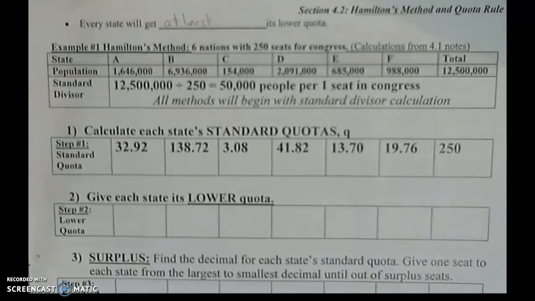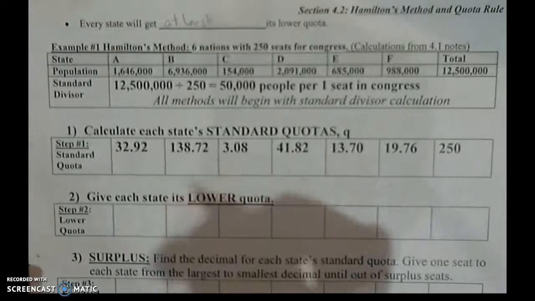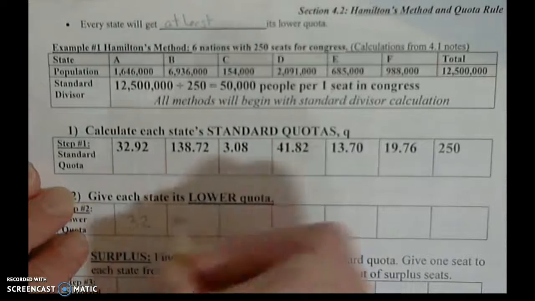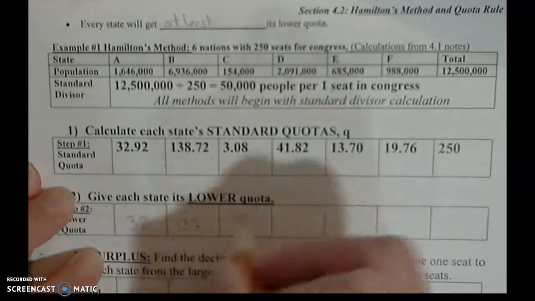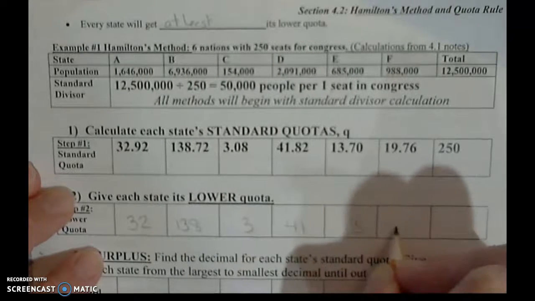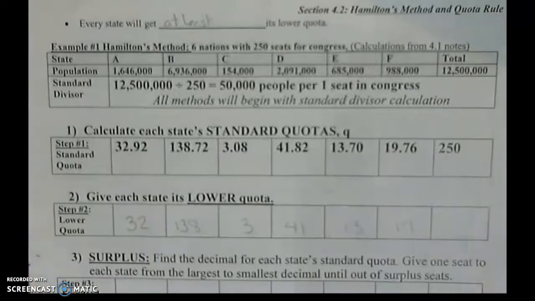All right. And so the first thing we're going to do, like it said, is give everybody its lower quota. We did this in the first lesson. So what's my lower quota? This would be 32, 138, 3, 41, 13, 19.